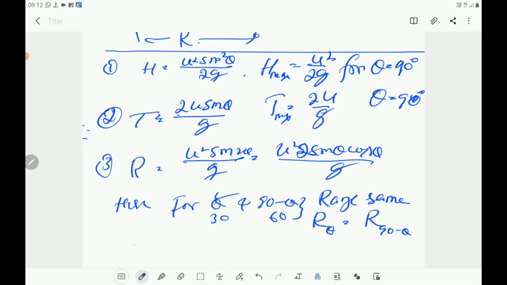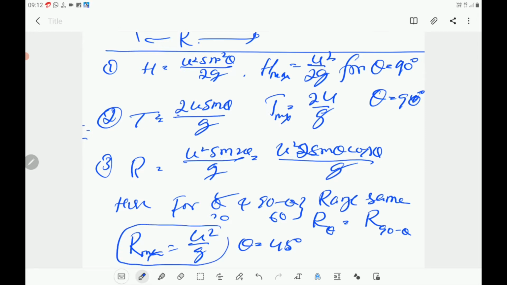And range R is maximum, equal to u square by g, when theta equals 45 degree. Why? Do the calculation in mind. If I put theta 45, 2 into 45 is 90, sin 90 is 1, so u square by g.